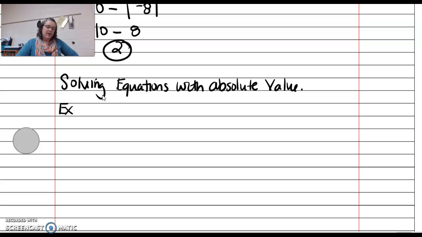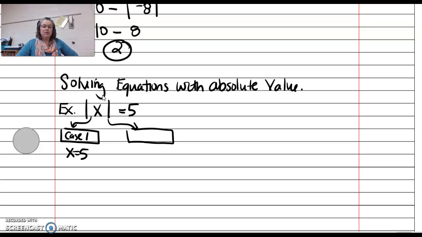So for example, if I give us the equation, the absolute value of some number has to be 5. Well, you have two cases. Case number 1, we could have the positive case where x equals 5. Case number 2, we could have the negative case where x equals -5, because both of these numbers work inside the absolute value symbol.